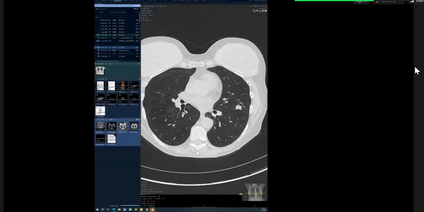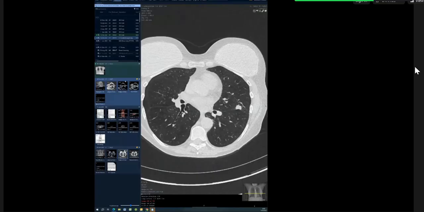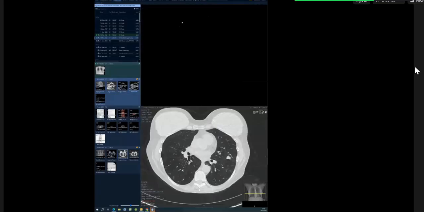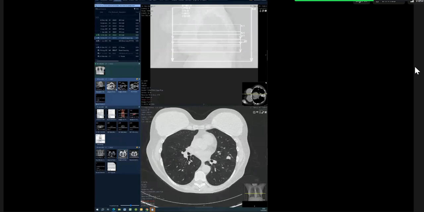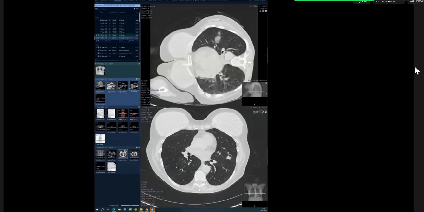I want to biopsy it because the patient's symptomatic and we don't have a definitive diagnosis. Yeah. Probably the left opacity, the left nodule, is the target for biopsy, CT biopsy.